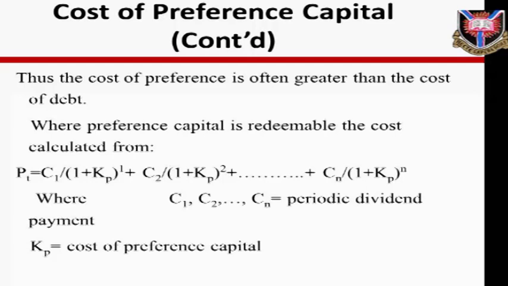Where preference capital is redeemable, the cost is calculated from P0 equals C1 divided by (1 plus K0) to power 1, plus C2 divided by (1 plus K0) squared and so on, where C1 through C3 are periodic dividend payments and K0 equals the cost of preference capital.